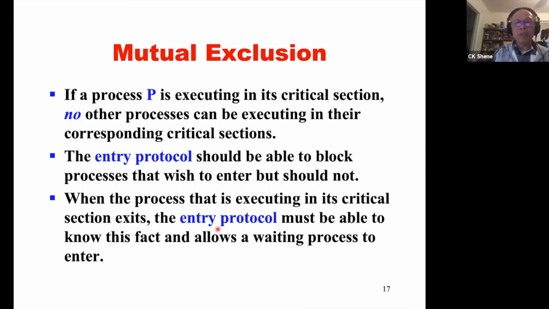The entry section should block a process from entering if the critical section is occupied by other processes. Upon exit of a process, the exit section must be able to inform the entry section so that the entry section would be able to allow one process and only one process to enter.